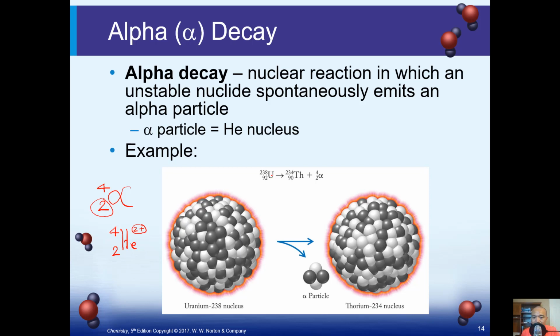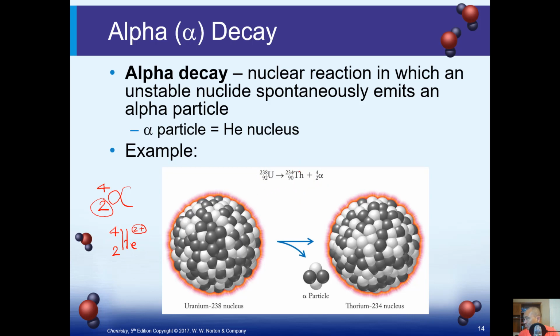Please note, uranium-238 will undergo alpha decay or alpha emission. This gives you thorium-234 and an alpha particle. Please also note the product.